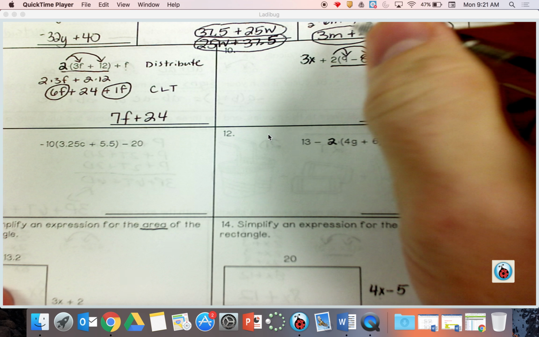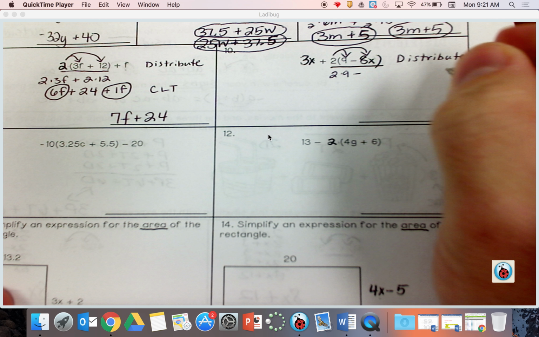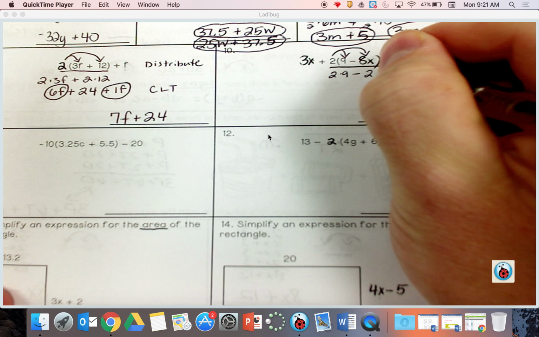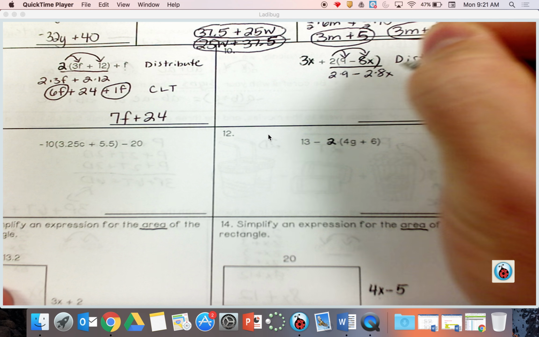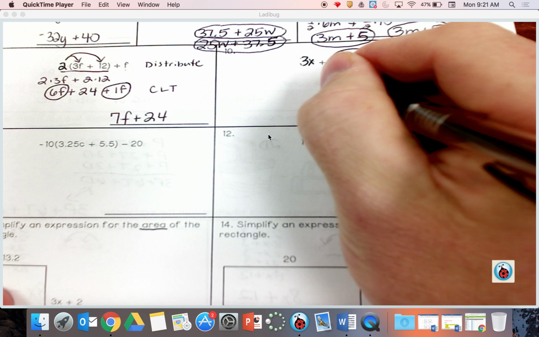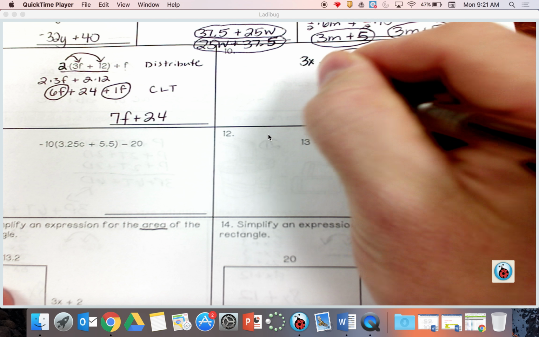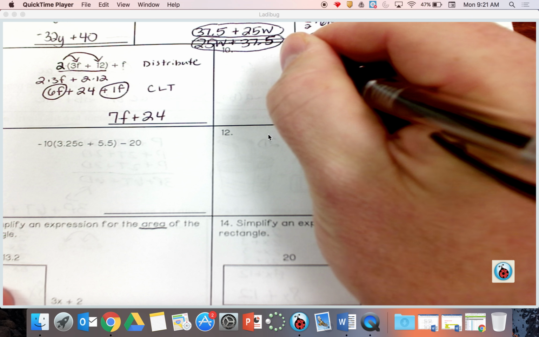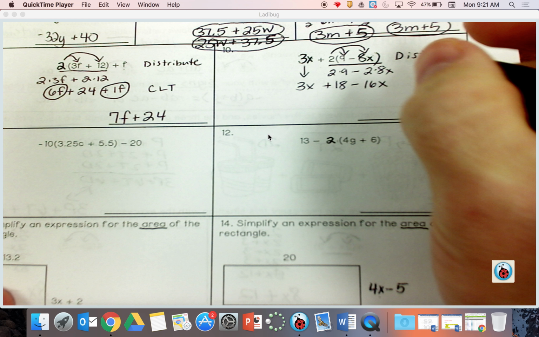So I do 2 times 9 minus 2 times 8x, and I'm going to end up getting 18 minus 16x, and I still have the plus 3x that comes down. So this is going to come down still, because I haven't done anything with it yet. Now I can see where I need to combine my terms together.